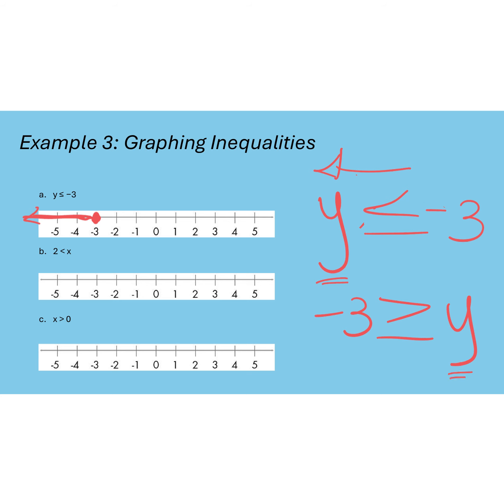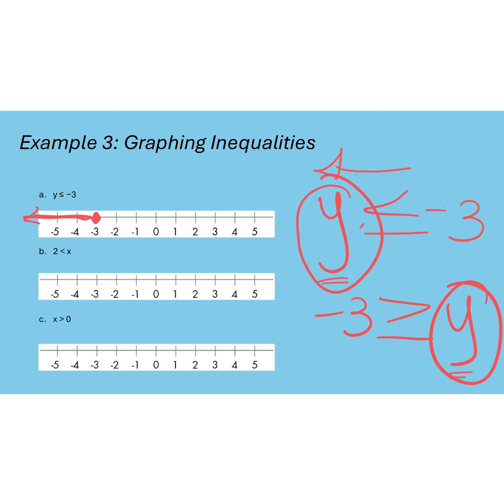So if you pay attention, look where your variable is at. My variable on this one is over here, right? On this set, the solution is where? On the left-hand side. And this one is where? On my right-hand side. Is it still the same? Is y still less than or equal to -3? Is -3 greater than or equal to y? It's the same way.